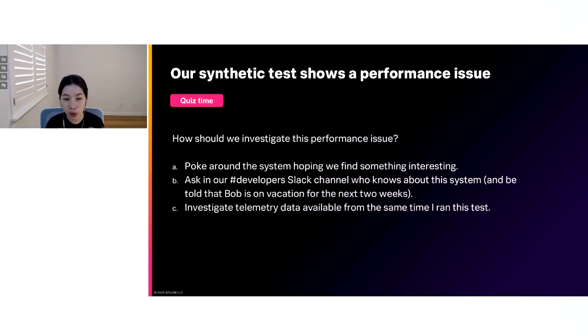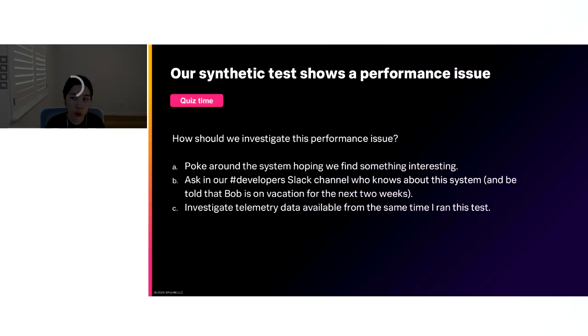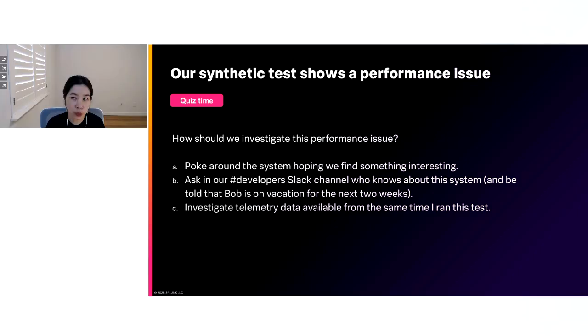Option A, we can poke around the system, hoping we find something interesting. B, we ask in the developer Slack channel and be told that Bob is on vacation for the next 2 weeks.